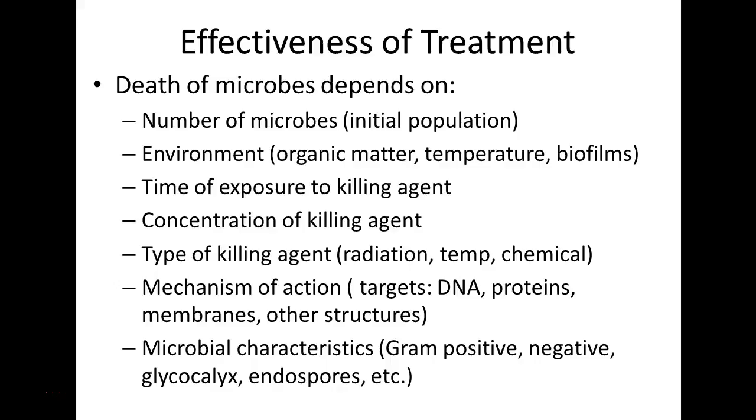Microbial characteristics. So, gram-positive cells, gram-negative cells, cells with a glycocalyx, cells that are able to form endospores. Those variabilities within the kinds of microbes you're trying to kill will have an effect on how effective your treatment is in killing them.